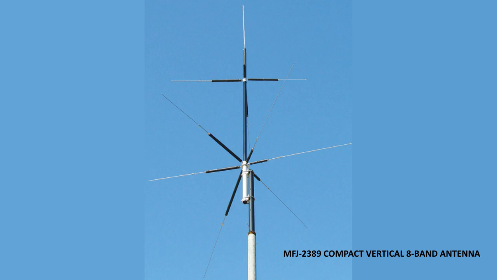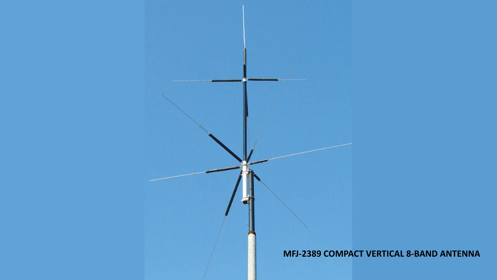It's less than 6 pounds. It's only 8.5 feet tall. It's good for operating in restricted space environments or possibly even an attic or balcony. And its ground radial system is built in, so you don't have to worry about having counterpoise wires. It's got an SO239 feed point connection.